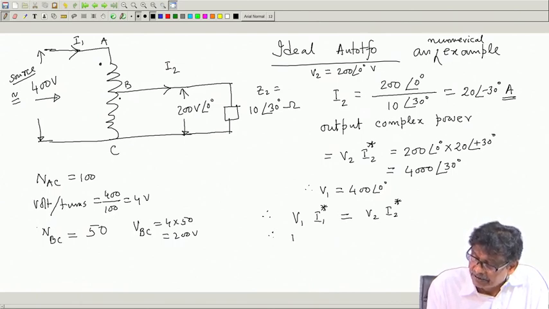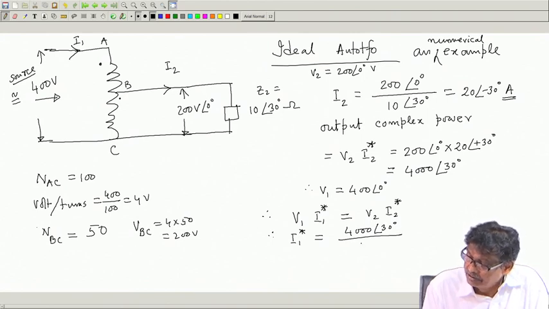Therefore, V 1 I 1 star will be equal to V 2 I 2 star. V 2 I 2 star is this. So, I put those 4000 30 degree divided by V 1, which is 400 0 degree, and this becomes how much? 10 ampere, 10 30 degree.